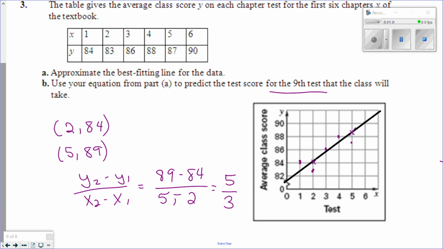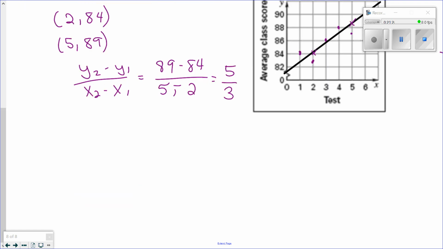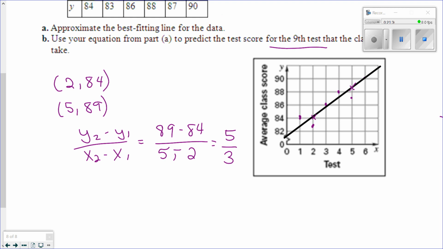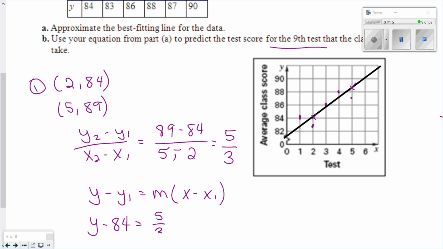So now I can use the slope to write an equation for a line. And again, I'm going to use point slope form. y minus y1 equals slope times x minus x1. I'm going to use just my first point here. So y minus 84 equals 5/3 times x minus 2.